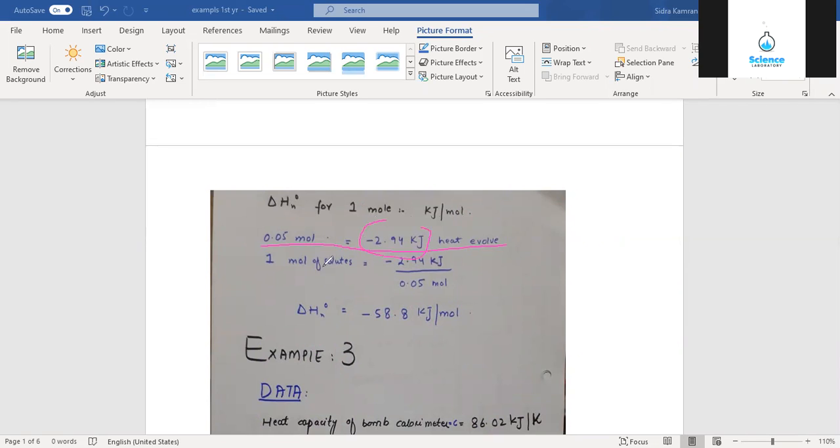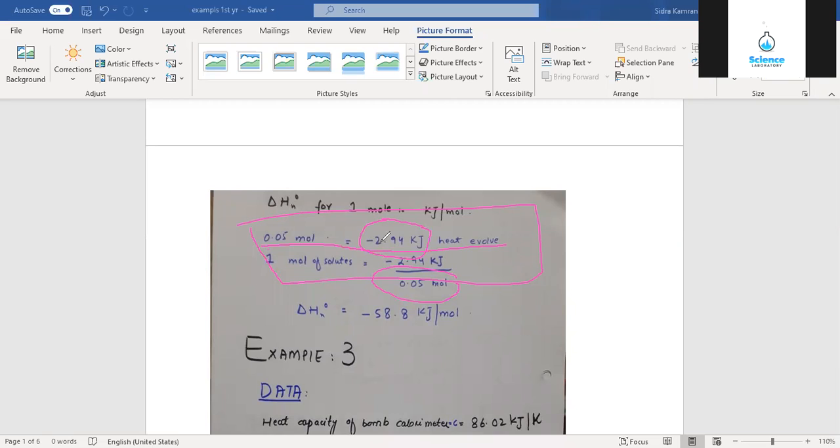minus 2.94 multiplied by 1 and divided by 0.05 mole. This relation is directly written in your book: you have to divide the heat by the number of moles. 0.05 mole evolves heat of minus 2.94 kilojoules. If there is 1 mole of solute, how much heat will evolve?